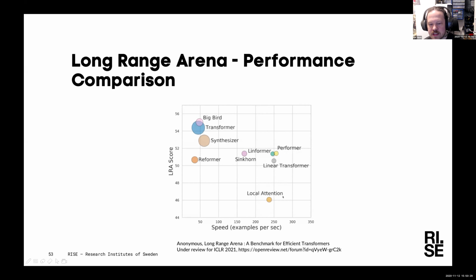Now, local attention is perhaps, the tasks are devised so that local attention should perform poorly. But then we see that by actually having the Big Bird's extra memory, you're able to get quite high performance. But then the problem is, how much extra memory do you need to add?